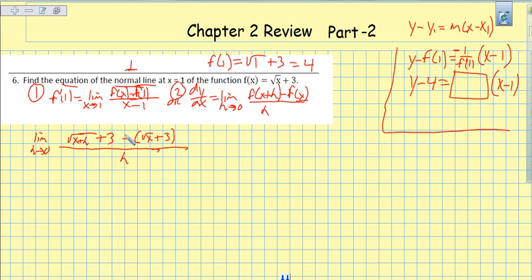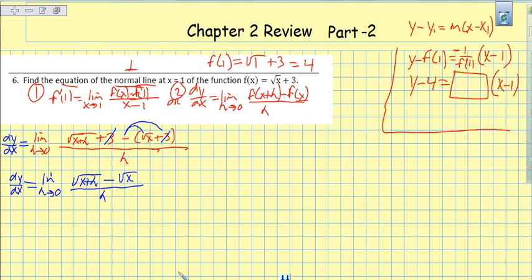Well, we notice that we have this negative being distributed, and we have a 3 minus 3, so that cancels out, which is very helpful. So we have square root of x plus h minus the square root of x all over h, and it's the limit as h gets closer to 0. And of course this is the derivative, not at a specific point, but just the derivative of the square root of x.